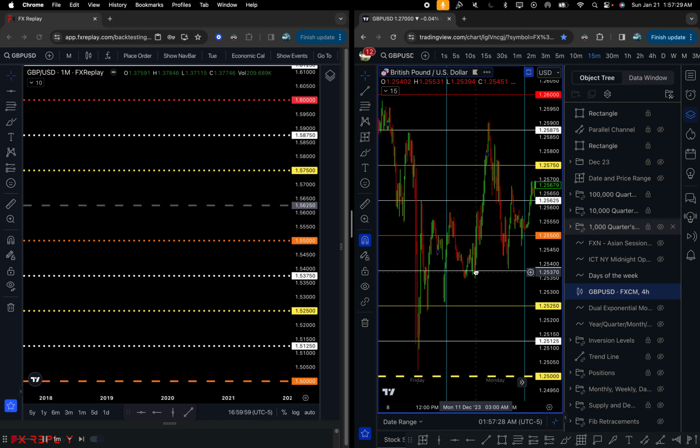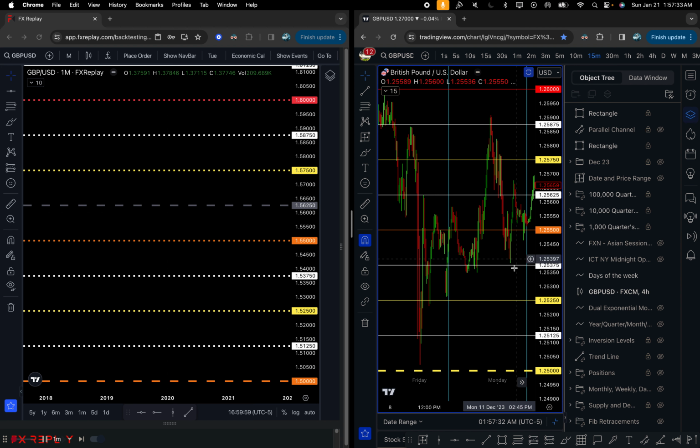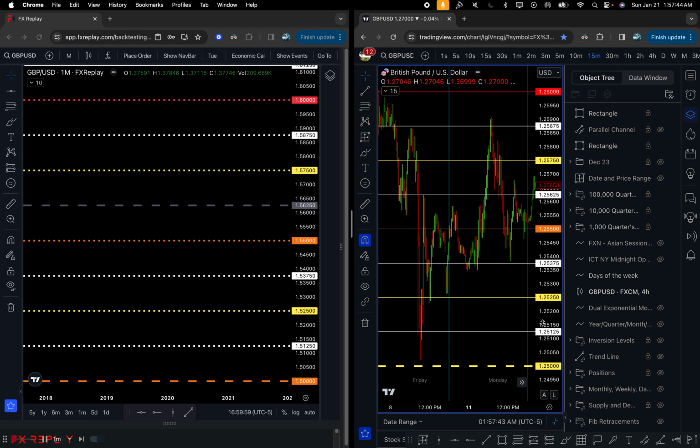Now you can see there's some nuances to it where you have to prefer the higher time frame, the higher levels. This is a 100,000 level.